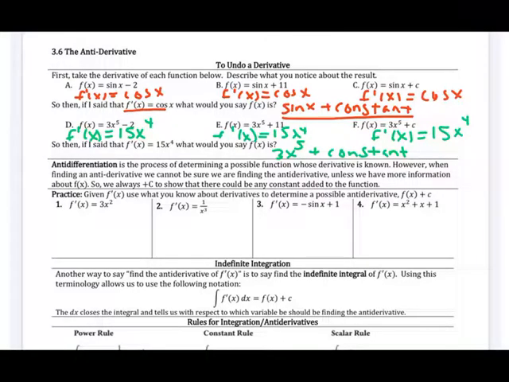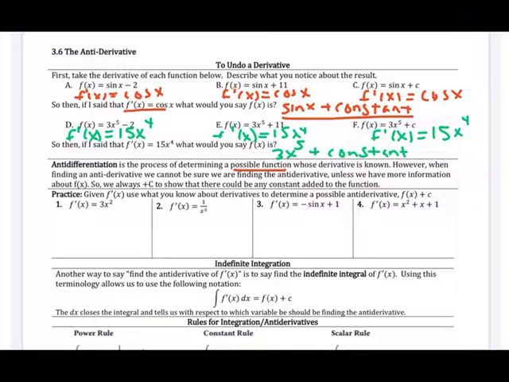And that idea is something I really want you to keep in mind when we start talking about anti-differentiation. Anti-differentiation, which we will later call integration, is the process of determining a possible function whose derivative is known.